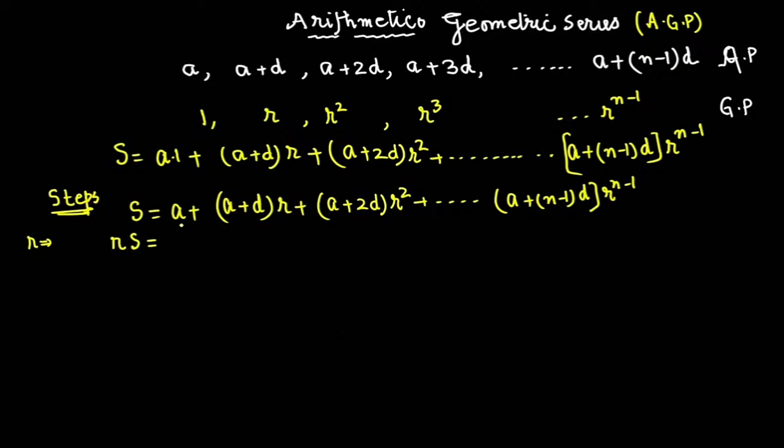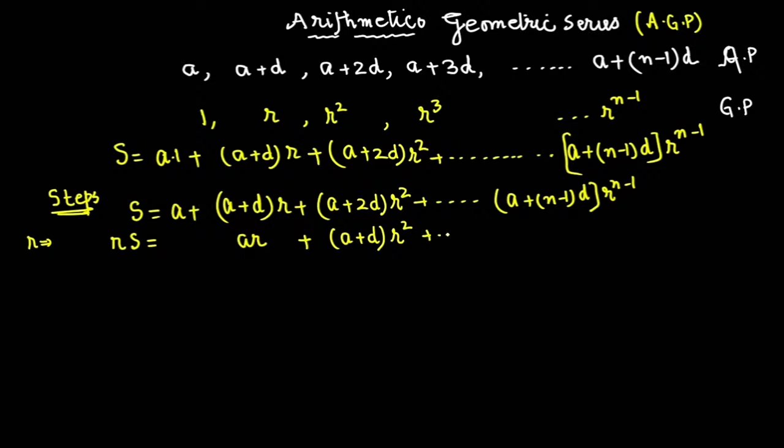Can we write Ar just below it? No, you write it one term forward. It means shift one term. A multiplied with r becomes Ar, plus (A plus D) into r multiplied with r becomes (A plus D) into r square. It means one term you are shifting after multiplying each term with the common ratio r.